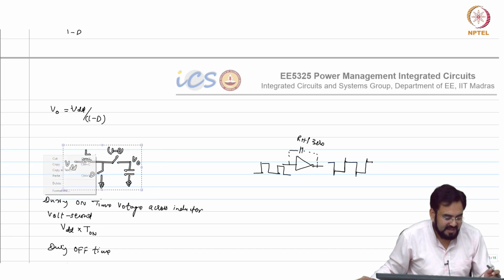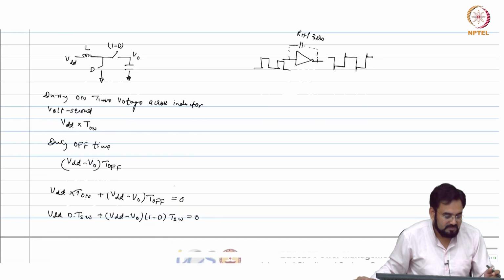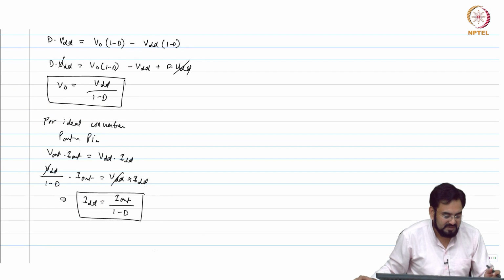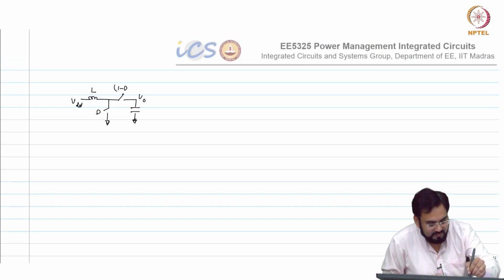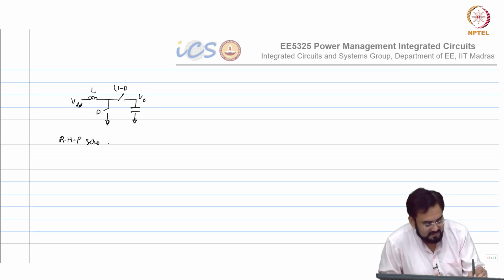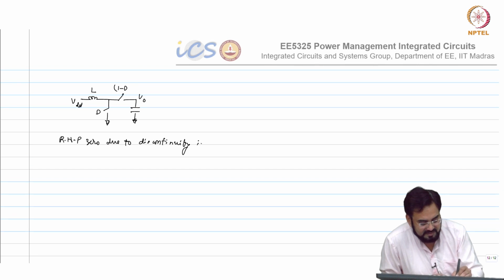Intuitively I explained what will improve the right half plane 0 due to discontinuity. So let's say I'll call it SN SP.